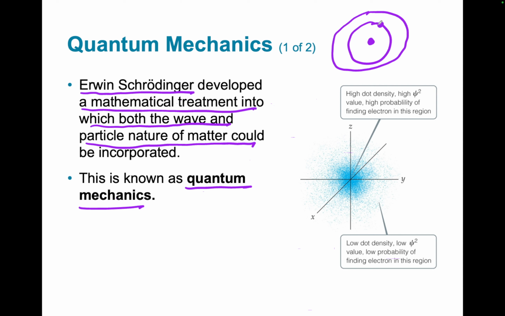And that was actually based on the emission spectra, right? And so here, in more of the Schrodinger model, things aren't actually in orbitals, but they're in these things called electron clouds. Electron clouds, right? And where the cloud is the most dense is the highest probability that there might be an electron there.